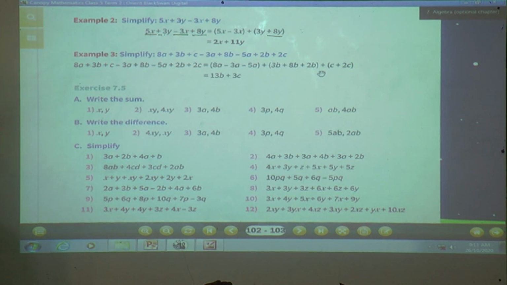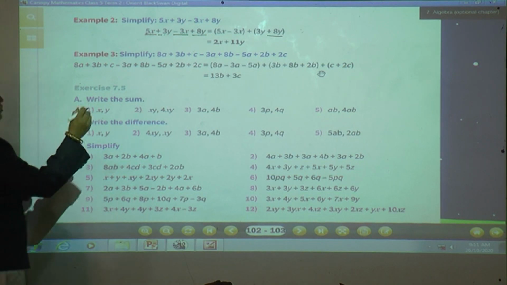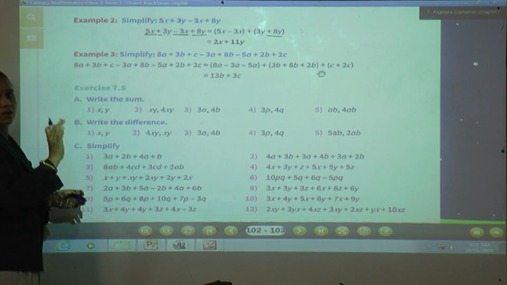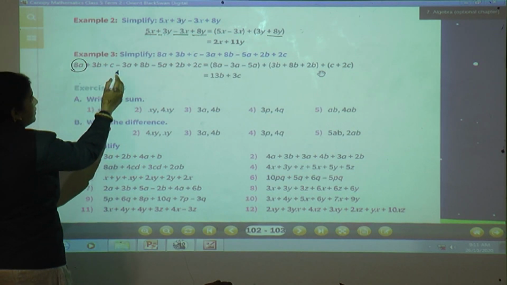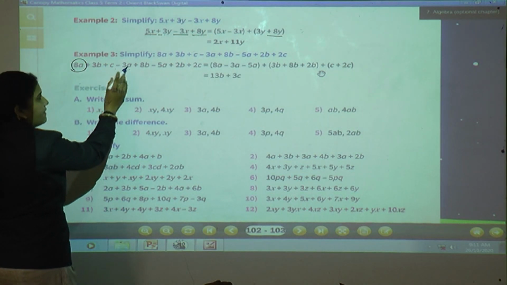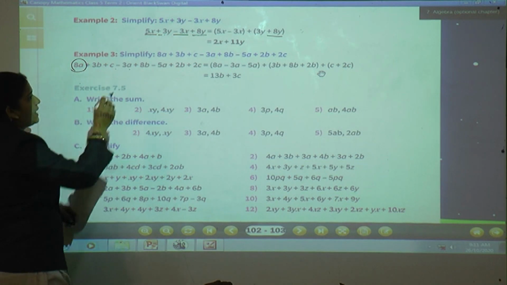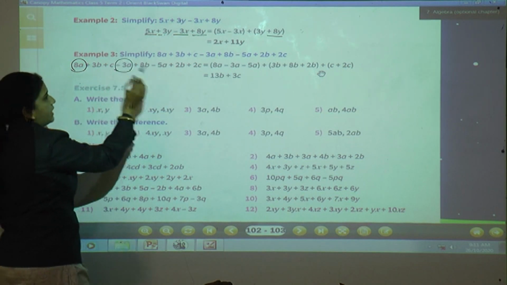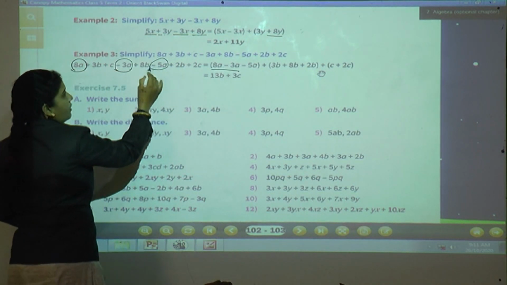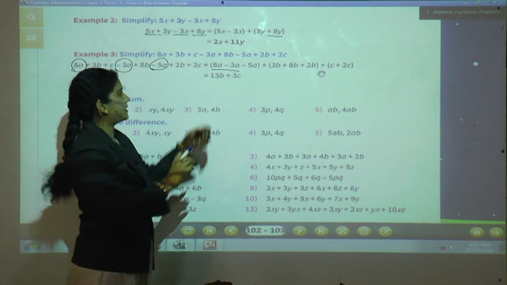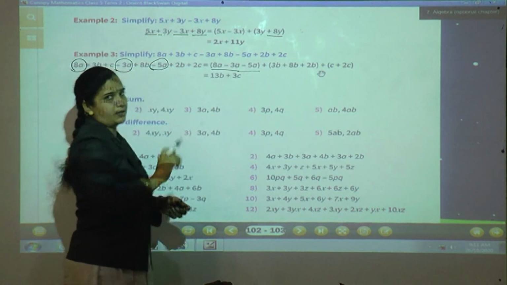Even then, don't be afraid of this. See here, what to do? Put together like terms. Here first I will take 8a, then 3a is having a minus sign, so in the expression also take a minus sign. Now 5a is having a minus sign, so just take a minus sign.